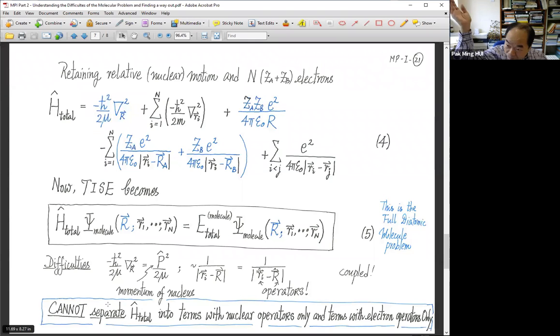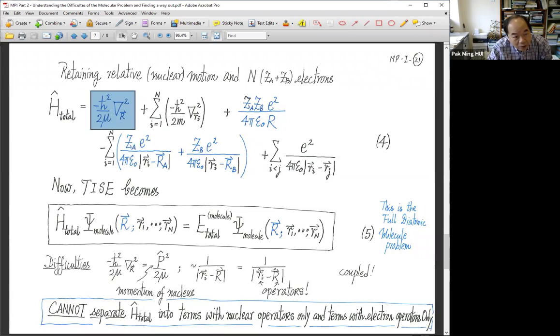After you throw out the center of mass motion, then write the whole thing again. You have this one kinetic energy term. That's good, you still retained it.